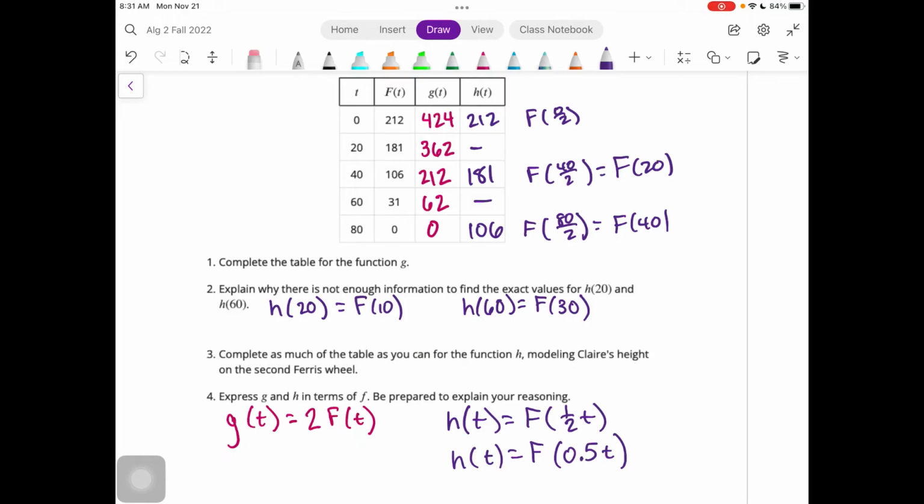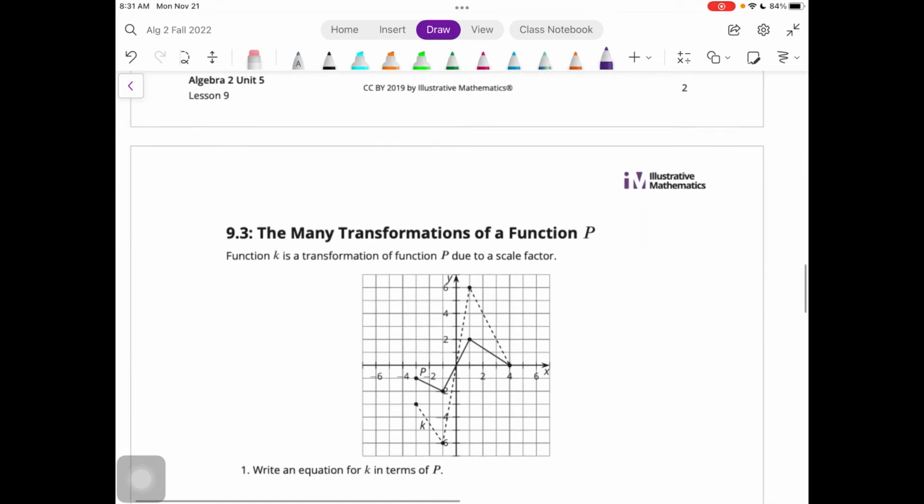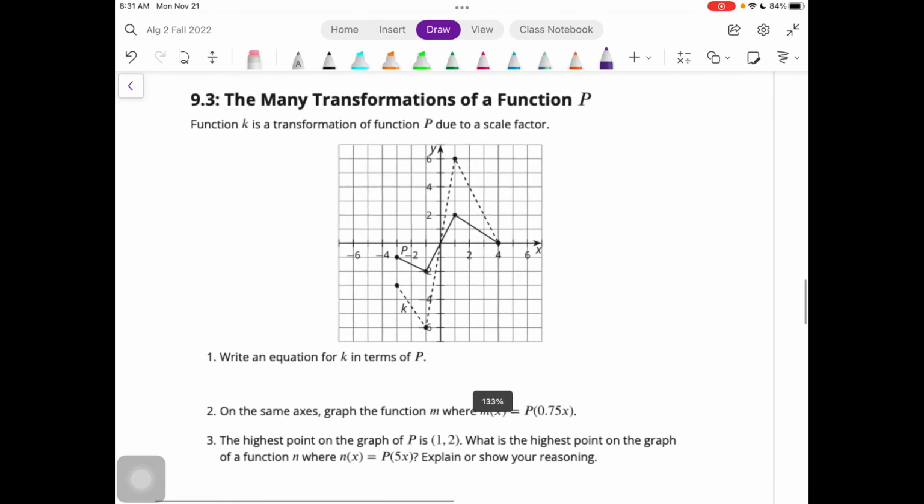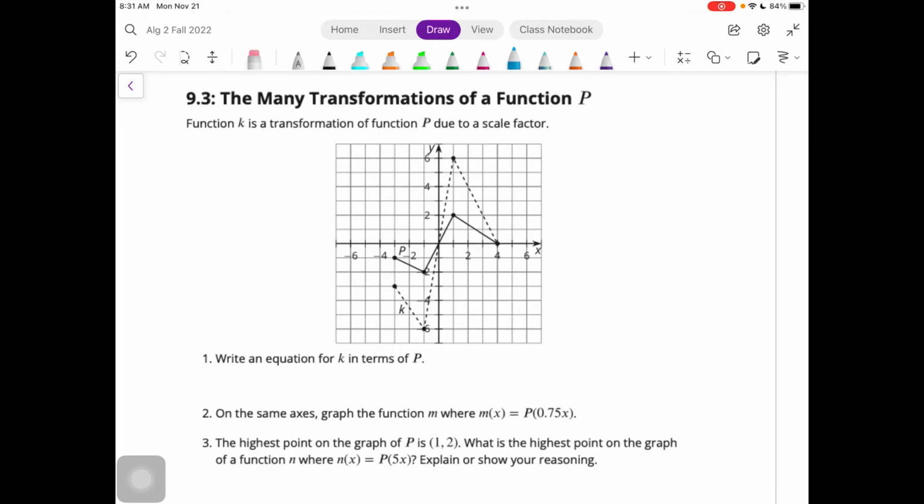All right, let's take a look at the next part, 9.3, the many transformations of a function p. So function k is a transformation of function p due to a scale factor. We're going to write an equation for k in terms of p. So let's see what is happening here.